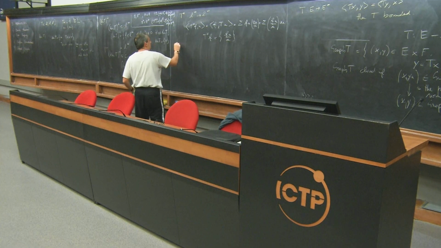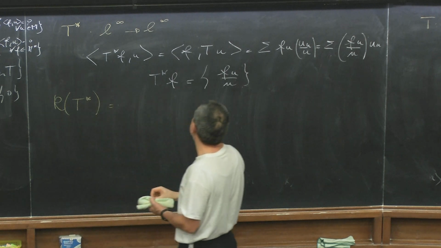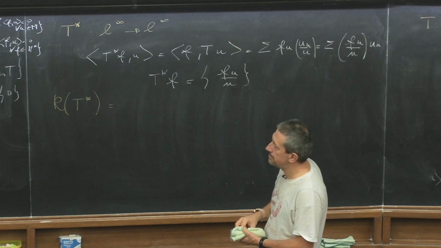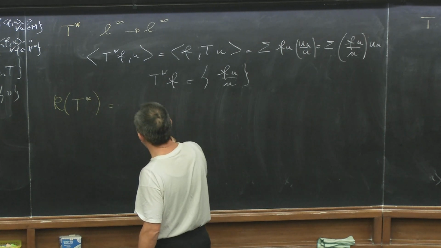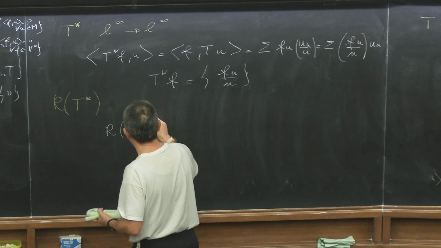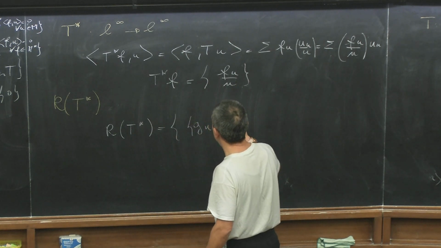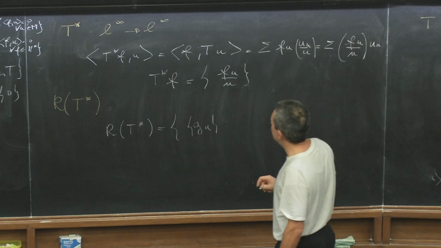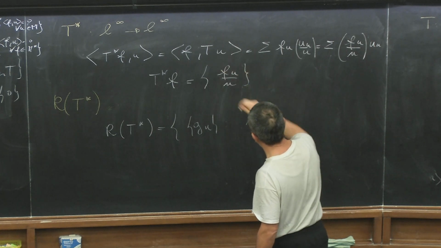So now we compute the range of T star. The range of T star are all the sequences Gn such that n Gn is bounded, because from this F it is bounded.